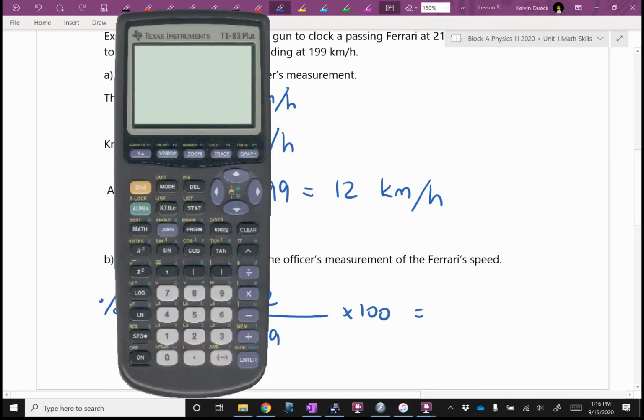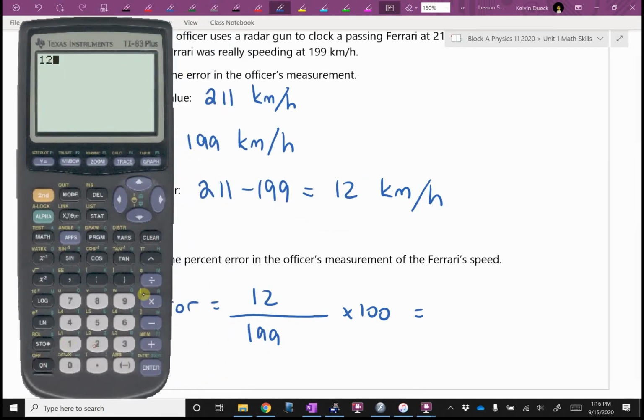I have no idea what this is. This is where you're going to start to use your calculators. I would encourage you, a good habit is to always follow along on your calculators. You'll develop calculator speed, which helps you on timed tests, in my mind. So I would encourage you, don't just sit and watch Mr. Duke solve this.